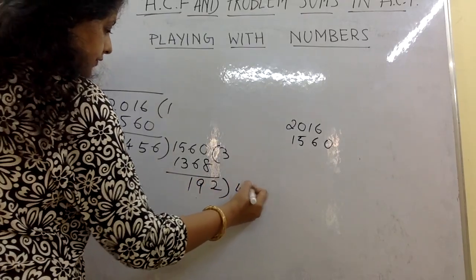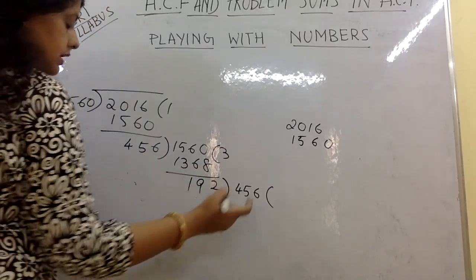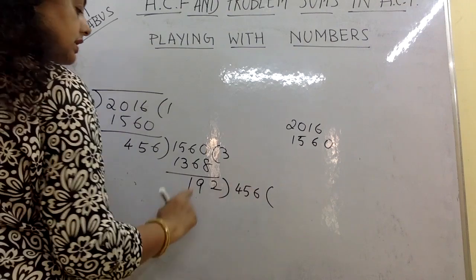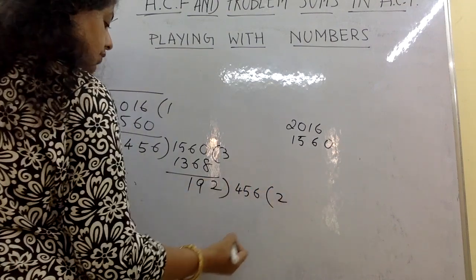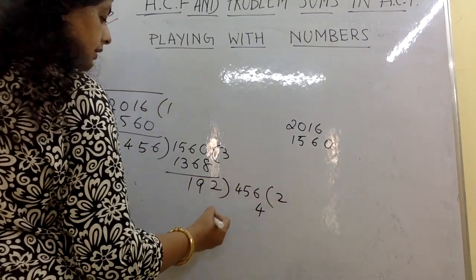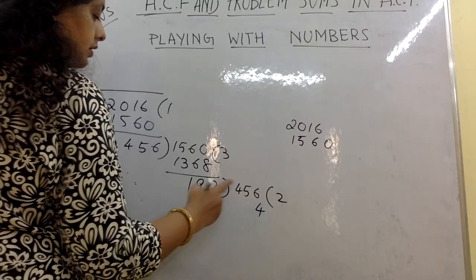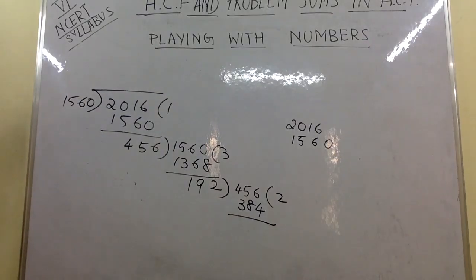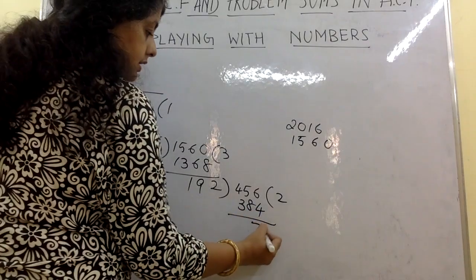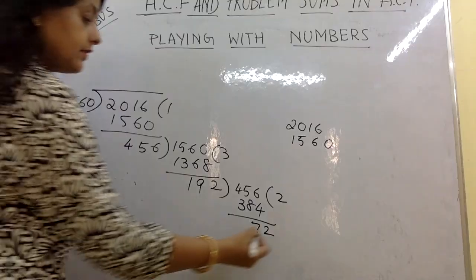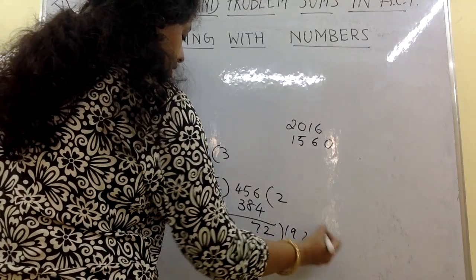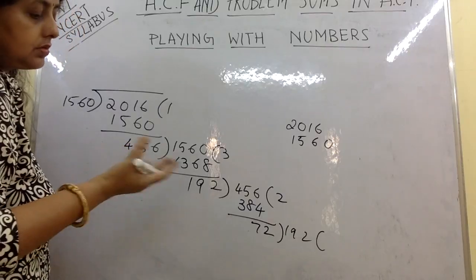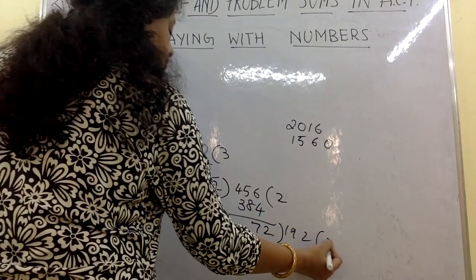This is 456 again here. This comes 2, because 19 into 3 is 57, so I have to take 2. This is 4 and 384. Now I get 72. 72 will divide 192 how? 72 into 2, because 72 into 3 won't work, only 2 works.